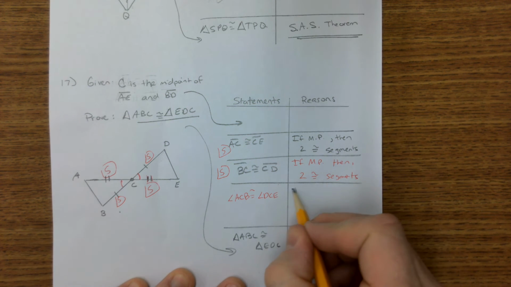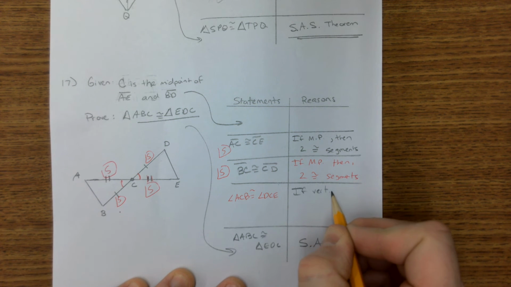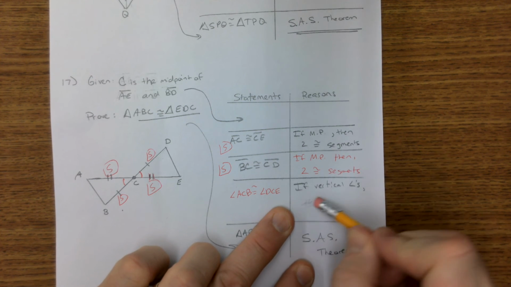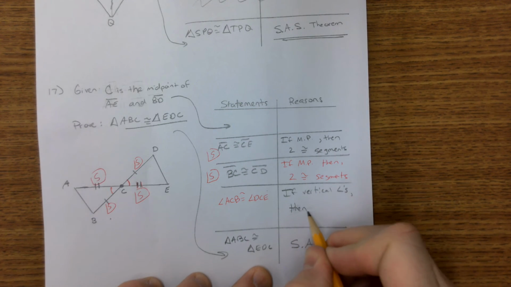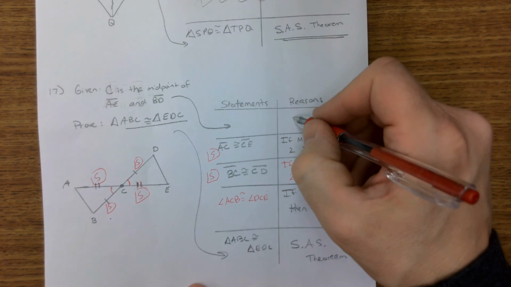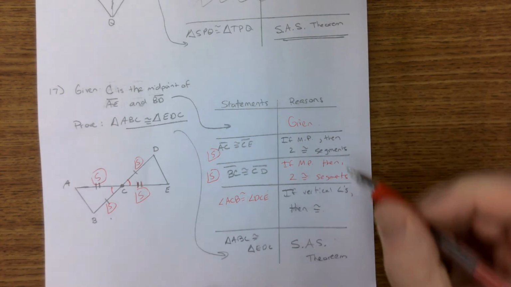Yes. How do we know? If vertical angles, then congruent. Again, don't worry about the perfect wording over here on the right-hand side. Just try and give some good reasons here.